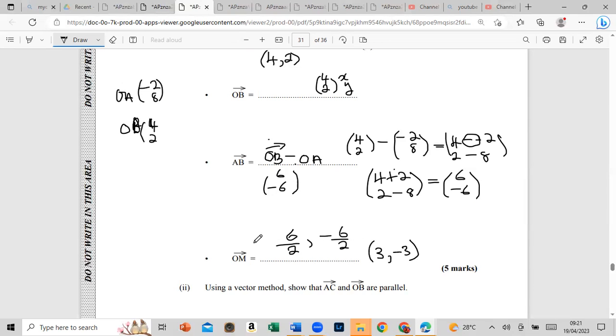What they didn't ask for is AM; they asked for OM. So hold on, it's not finished yet. So OM is equal to OA plus AM.